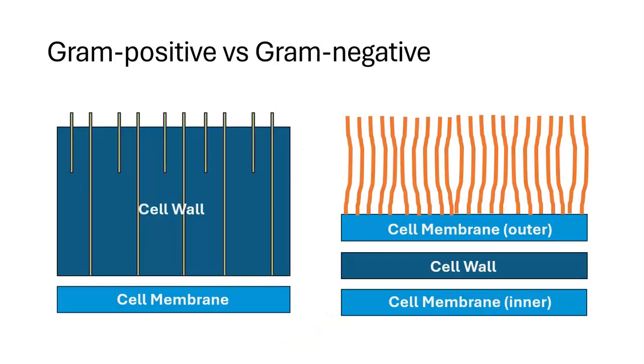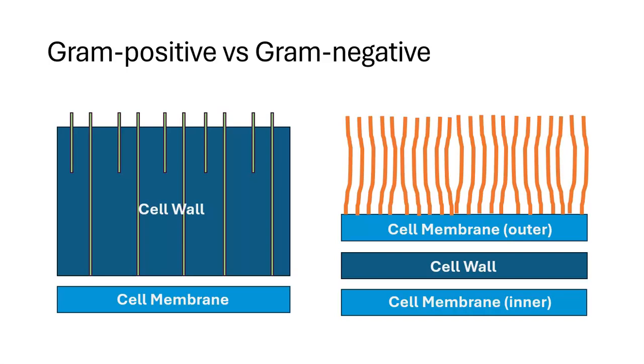Here we see a view where we have a side-by-side comparison of the gram-positive and gram-negative cell walls. You can see they both have a cell membrane. The gram-positive then has a very thick layer of the peptidoglycan or the cell wall material that's reinforced with the teichoic and lipoteichoic acids.